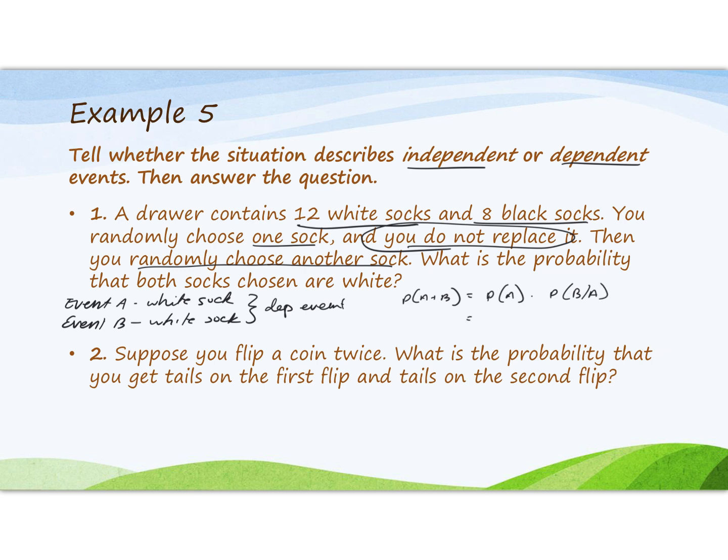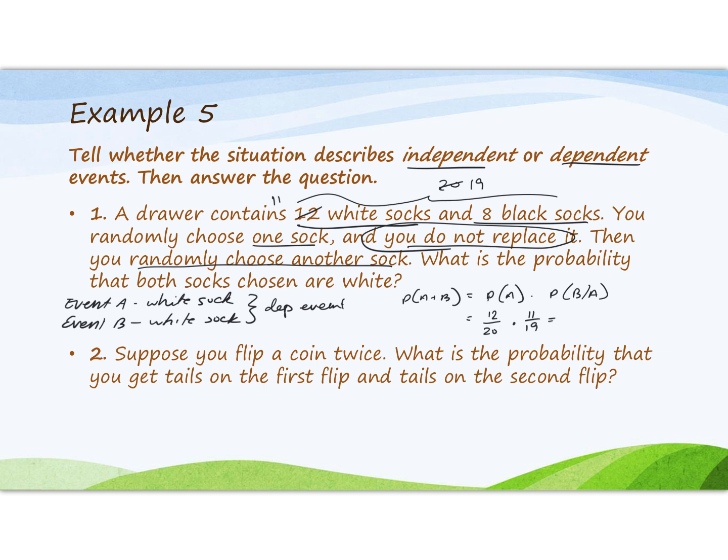So once again, there's a total of 20 socks. So the probability of picking a white sock on the first pick is 12 out of 20. But once I pick that white sock, I've got 11 left, and I only have 19 socks left in the drawer. So the probability of the second event is 11 out of 19.